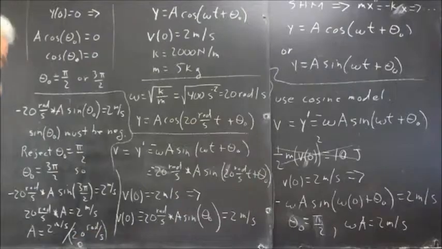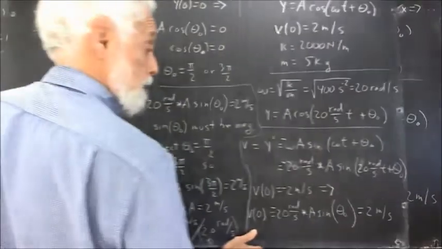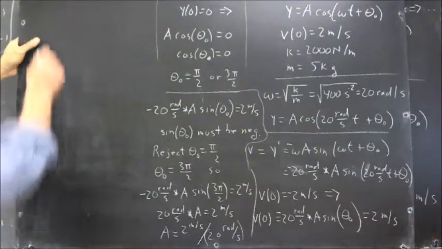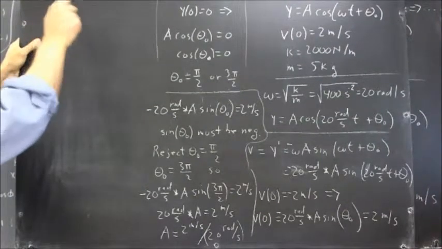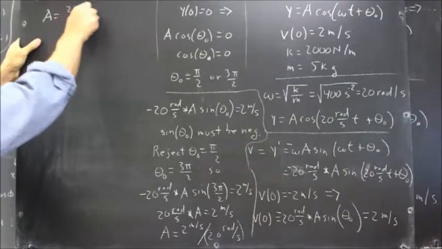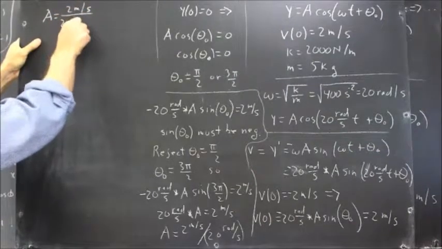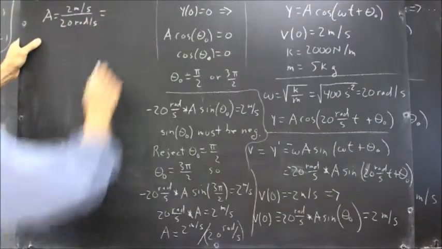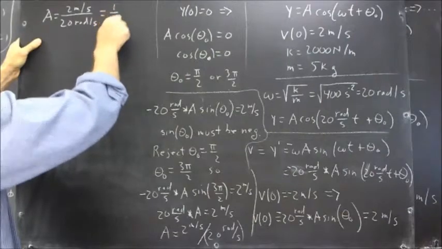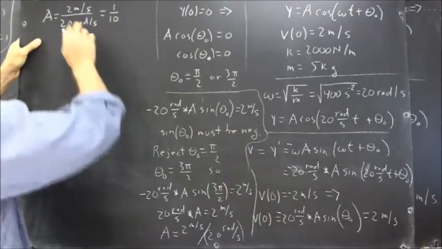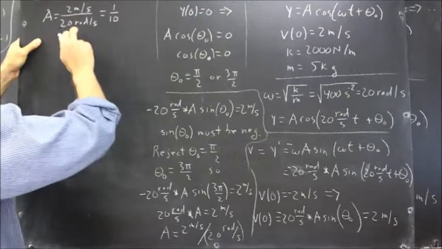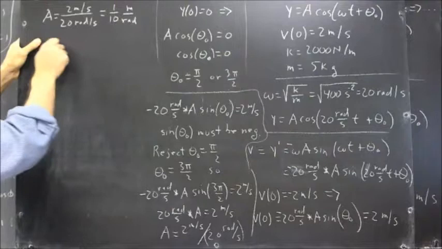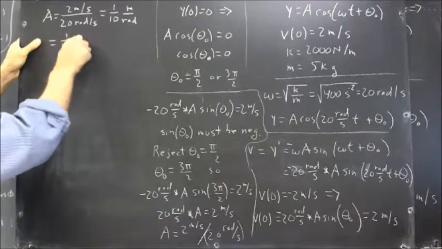I'm going to write it down here in a second, but you need to pause and figure that out if you possibly can. So we conclude that A is 2 meters per second over 20 radians per second, and that equals 1/10 or 0.1, and it's going to be meters over radians, which equals 1/10 of a meter.